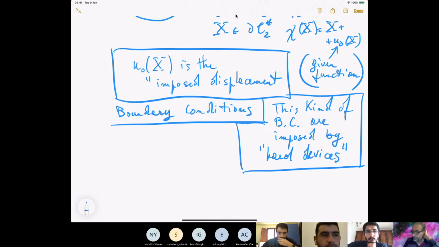So sometimes you will hear people talking about hard devices. Okay, these are devices which impose the displacement, whatever happens around them.